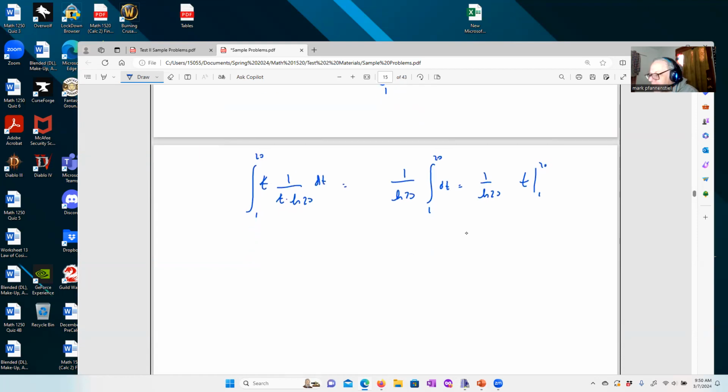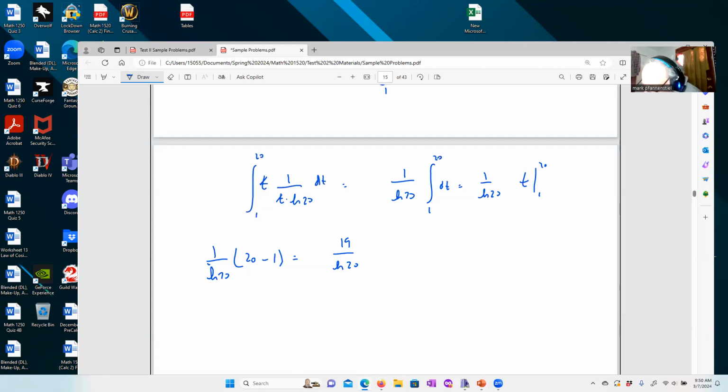We'll plug those in. We get 1 over ln 20 times 20 minus 1. So we have 19 over natural log of 20. Let's get my calculator out to double check that it seems reasonable. We have 19 divided by the natural log of 20. Here's my ln, there it is.